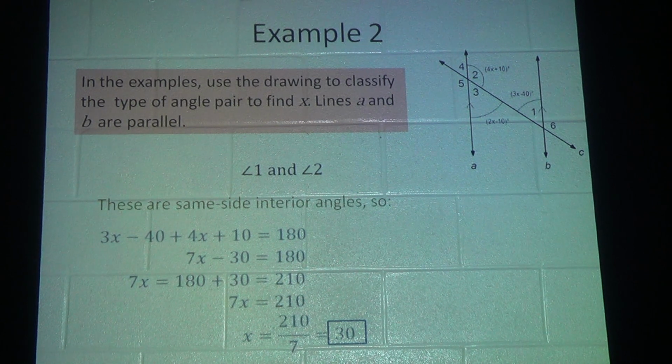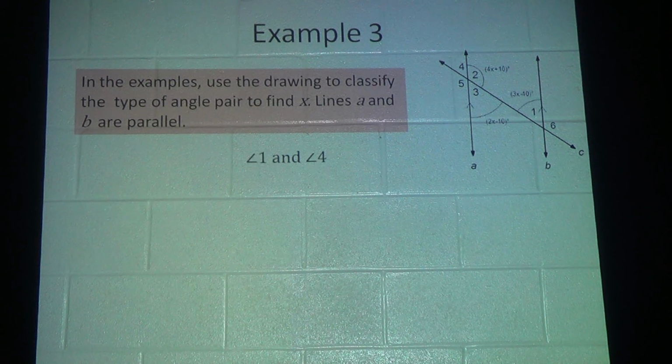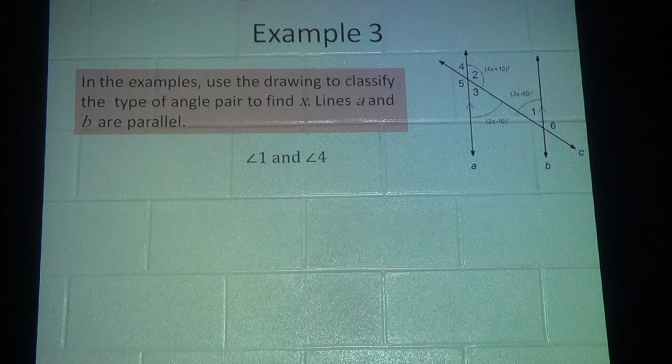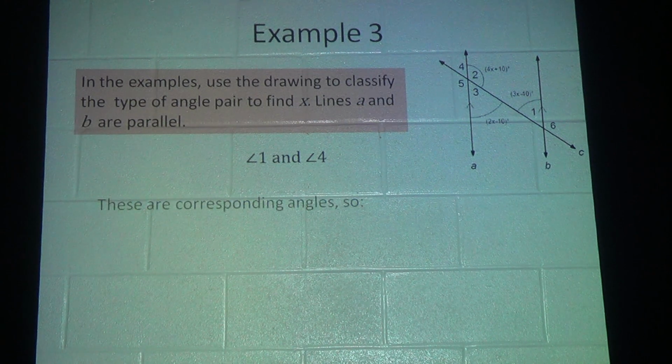All right, let's go to the next one. Example 3. This time they're talking about angle 1 and angle 4. In this case, these are corresponding angles, and we know that 4 is represented by 2x minus 10, so they are congruent.